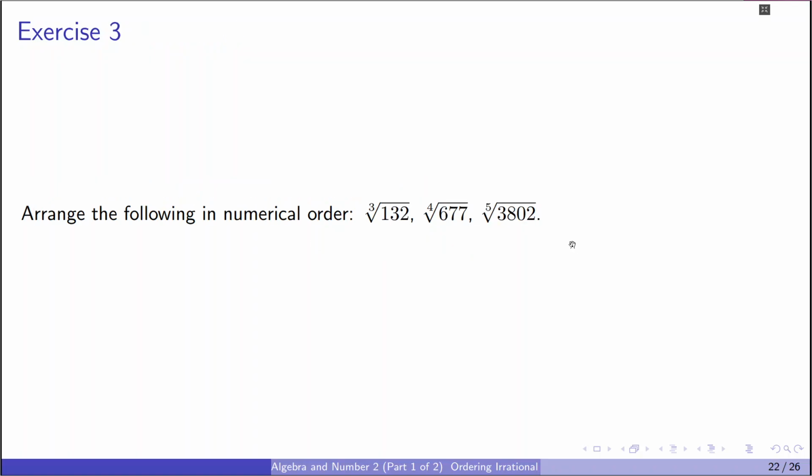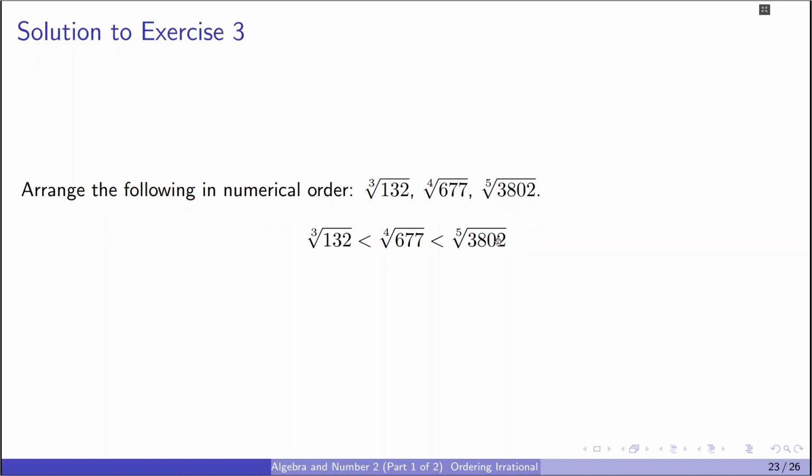Now, our third one, arrange these in numerical order. Cube root of 132, fourth root of 677, fifth root of 3,802. So these we got in order the first time.